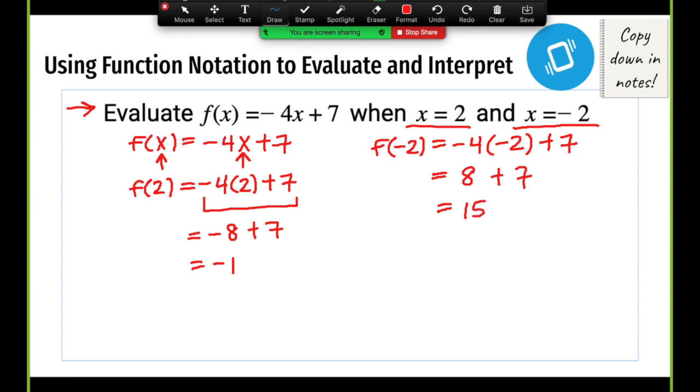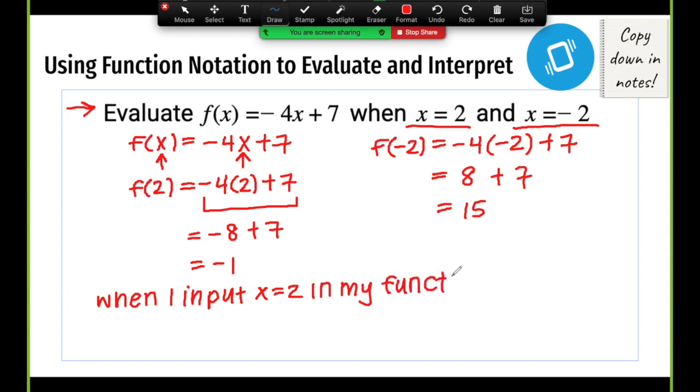So I can write down that when I input positive 2, or x equals 2, in my function, I get negative 1 as my output.